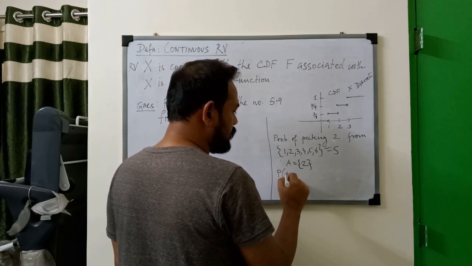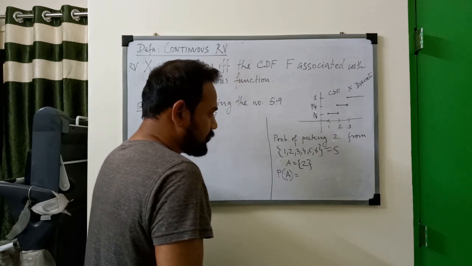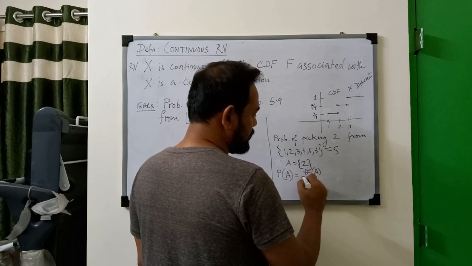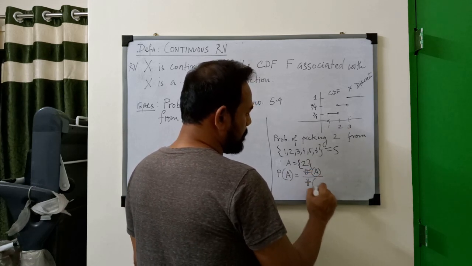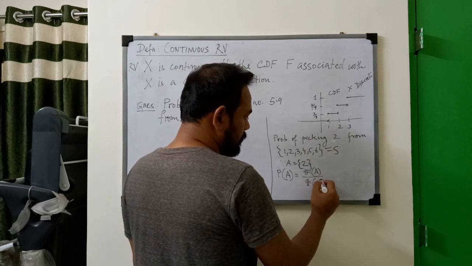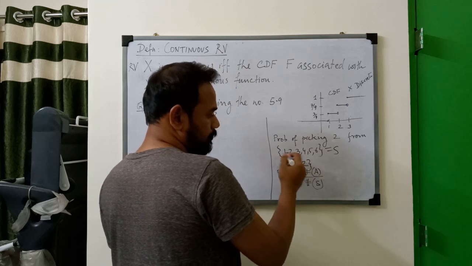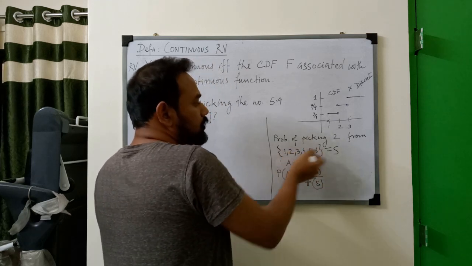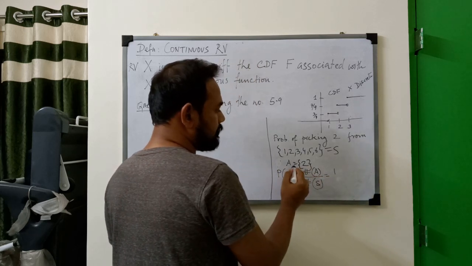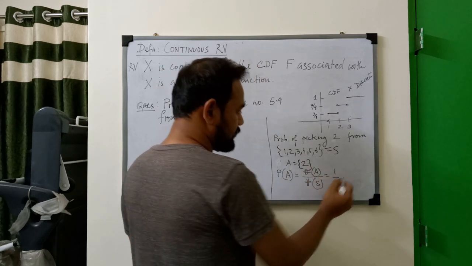So in this case, we know what it is. The probability of this set would be the number of elements in A divided by the number of likely options, which is the number of elements in the set S, since all options are the outcomes. That is 1, the number of elements in A is 1, and this is 6.